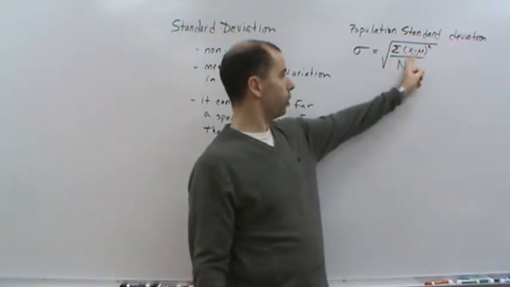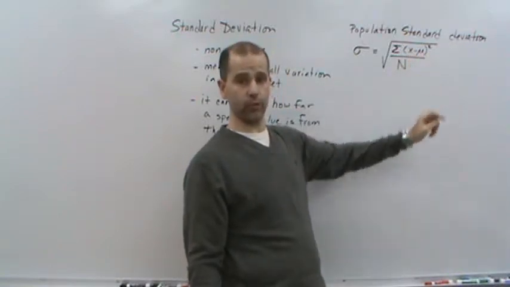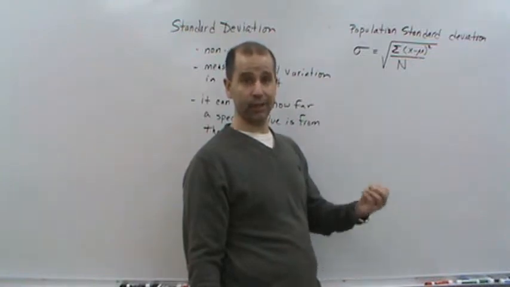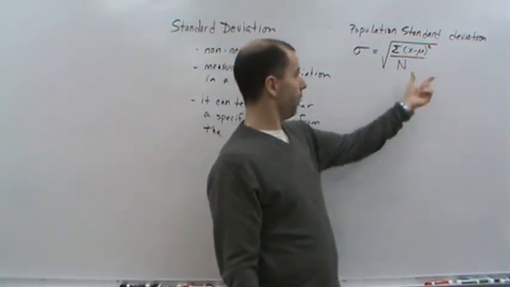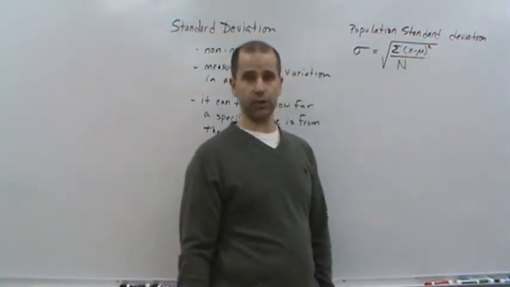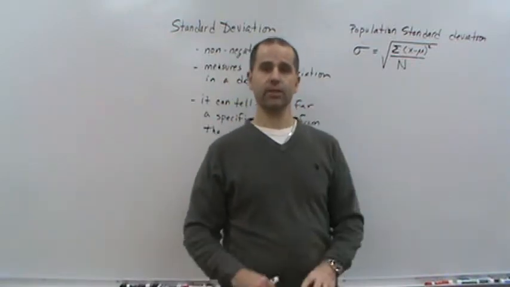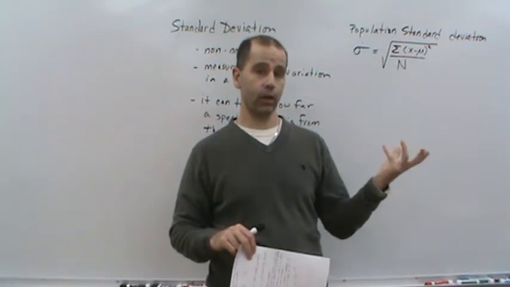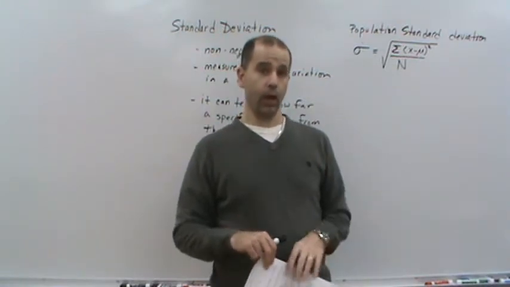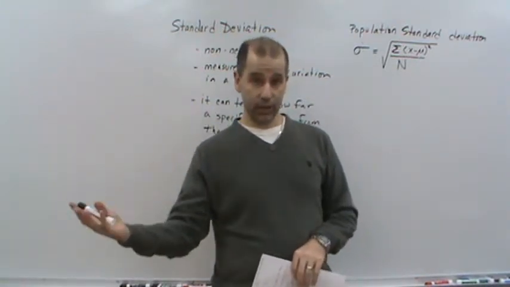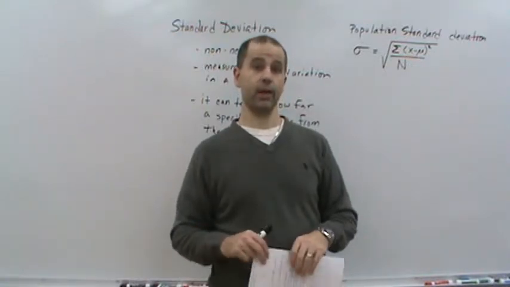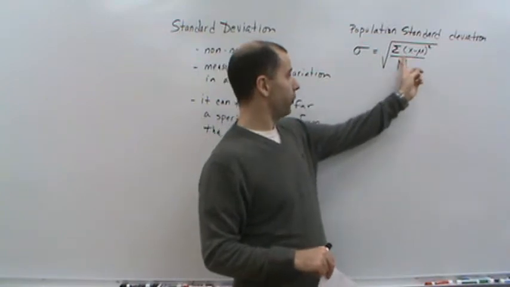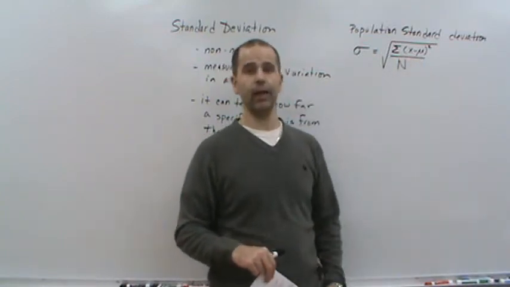Okay, so what we're going to do is take all of the deviations for every observation in the population. Since some values are going to fall above the mean and some below the mean, some deviations are going to be positive and some negative. Think about the mean.